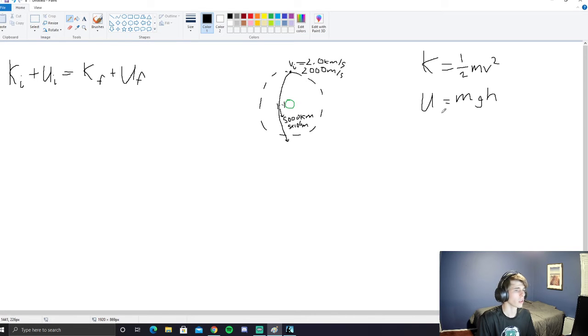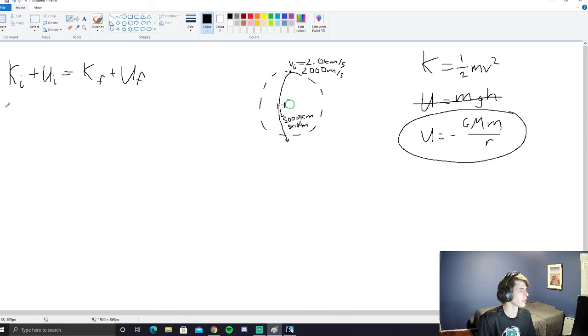Now, tricky part, we have to use a different formula that was in chapter 13 of our reading. It is negative big G, big M, little m over r. So remember, we're going to be using this equation, not the one from Physics 40A.